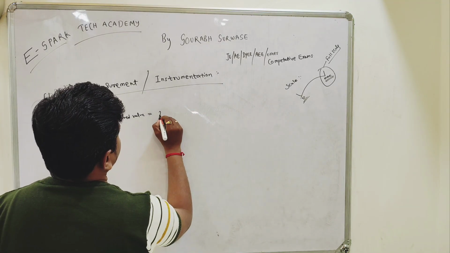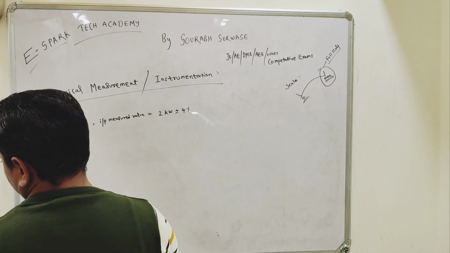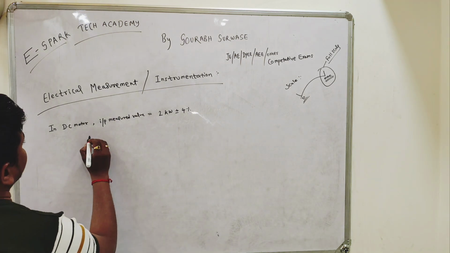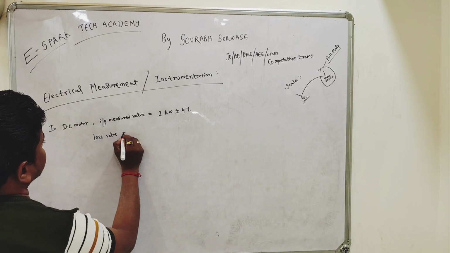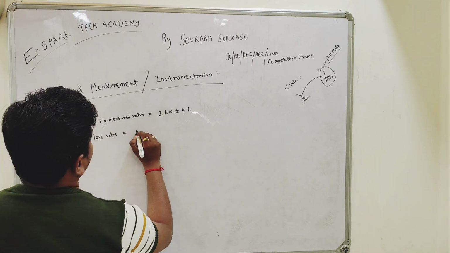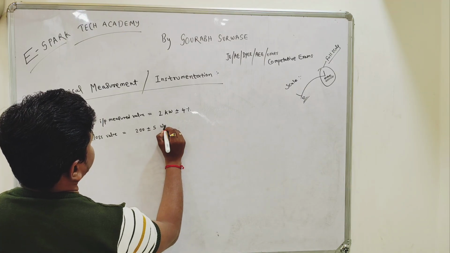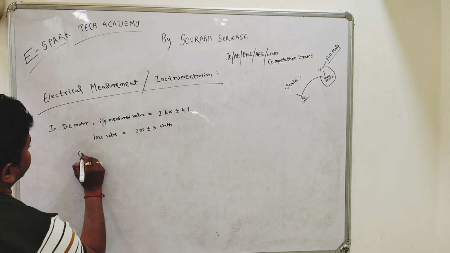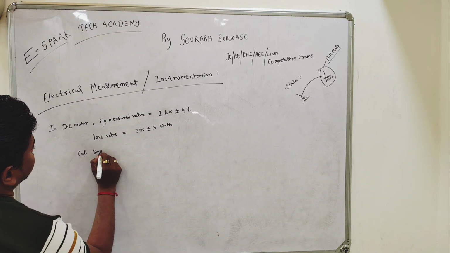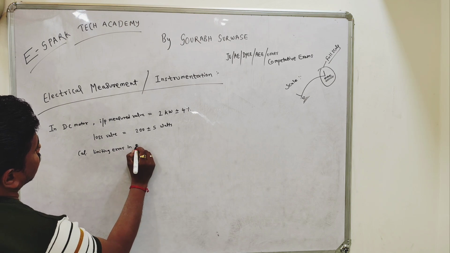It is 2 kilowatt plus minus 4%, and the loss value is given as 200 plus minus 5 watts. It is in watts. Now what have they told us? They have told us to calculate the limiting error in output power.